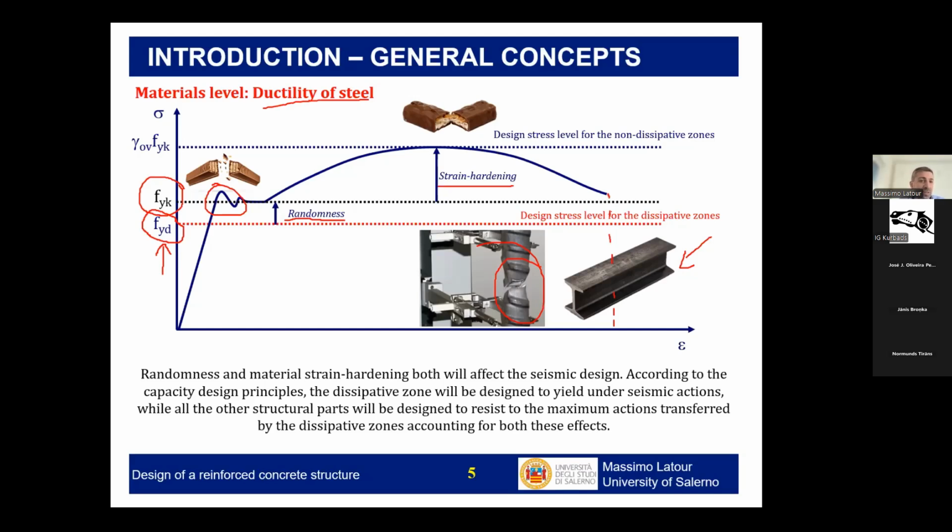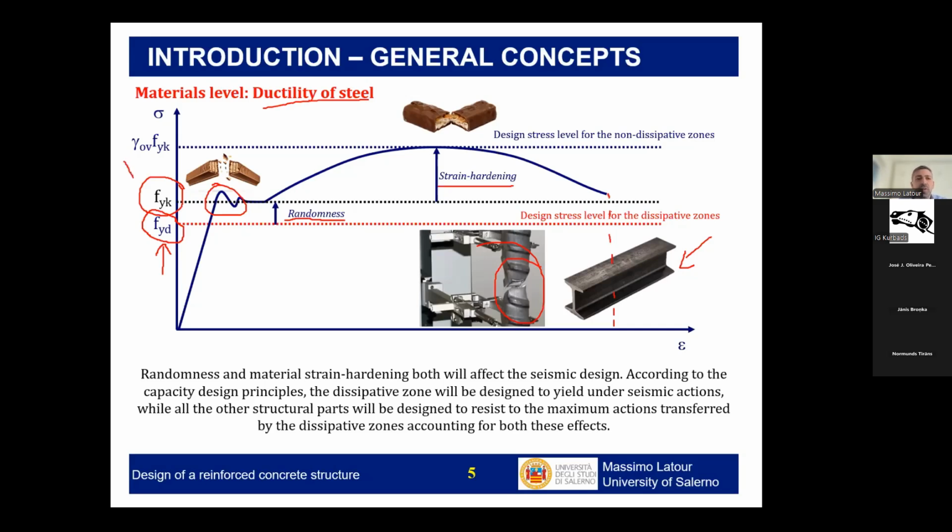But in the real structure, this steel will yield at a higher value of the stress. So I have to remember when I'm designing hierarchically, so when I want some part of the structure to be weaker than another, that at the material level, the real stress I have in the elements is not the design stress, it is normally higher. It will depend on a statistical variation.